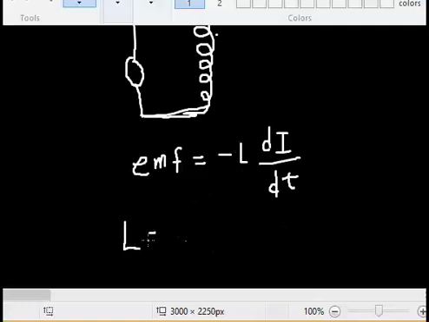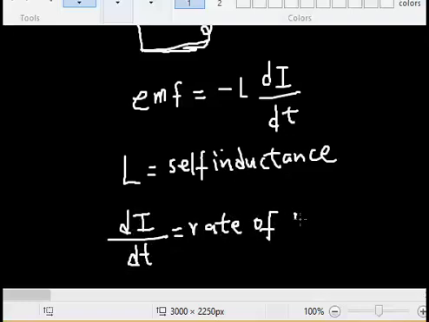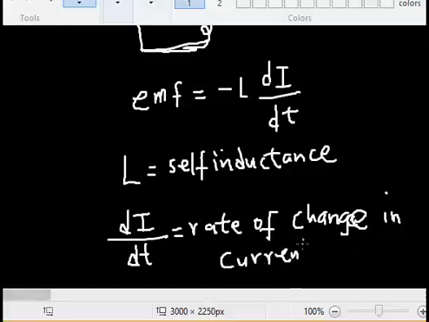Now this L is the constant known as self-inductance, while dI/dt is the rate of change in current with time.